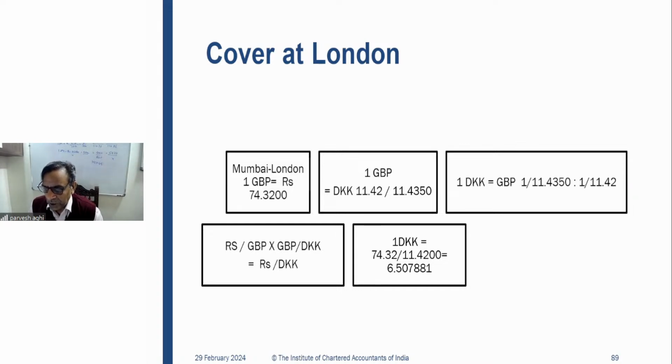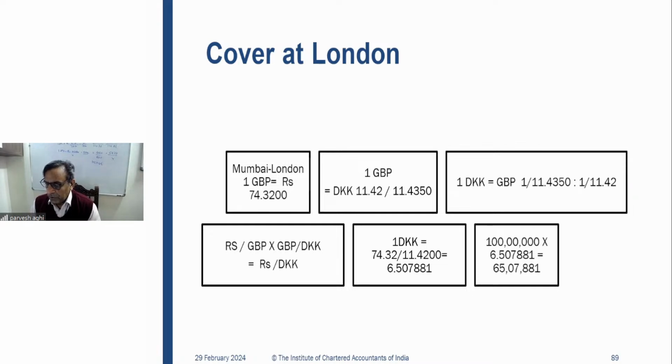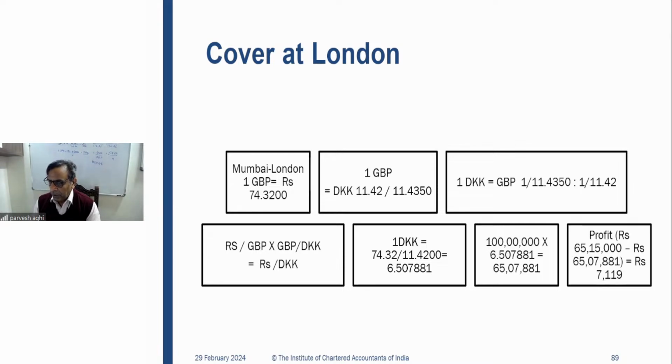So 1 Danish kroner in London you can buy for 6.50. Now, since he's going to buy 10 lakh Danish kroners, he's going to spend 65 lakh 7,000. And if you remember, he has sold already Danish kroner in India for 65 lakh 15,000. So he's going to make a profit of 7,119.